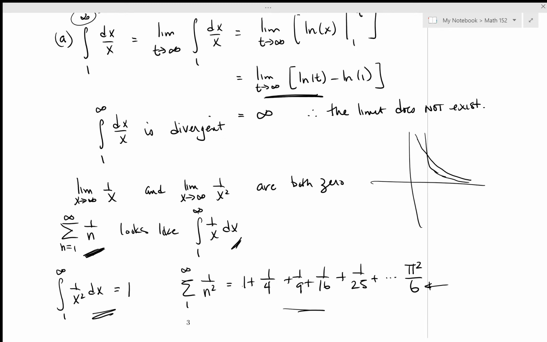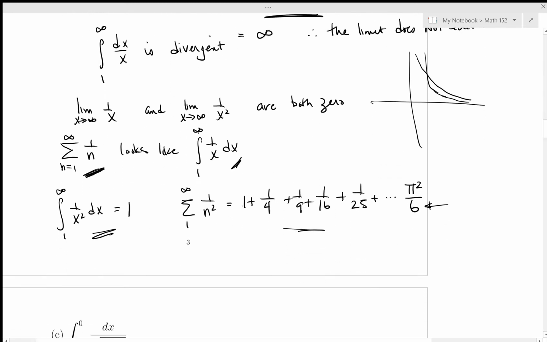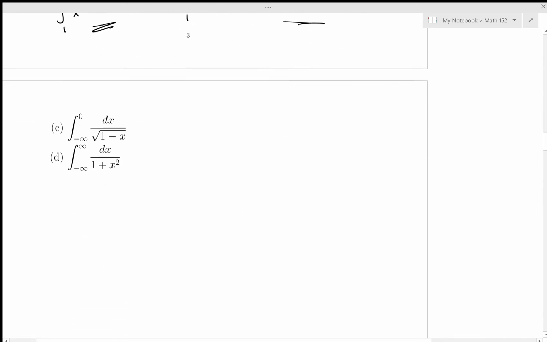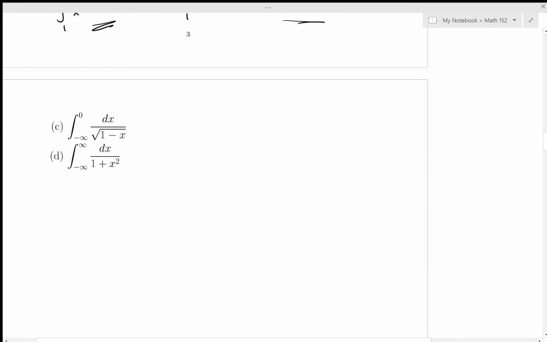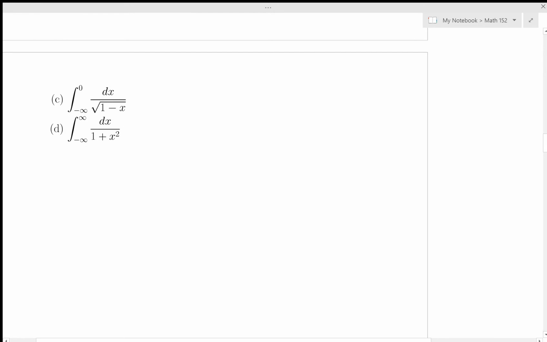Okay, let's take a look at a couple more of these improper integrals. Let's do C here. When we start to look at these things, we're going to do this with the sums too. We're going to look at the integral, and before we do anything, we're going to try to get a sense of whether we think it's going to converge or not. So let me just state a fact here for you.